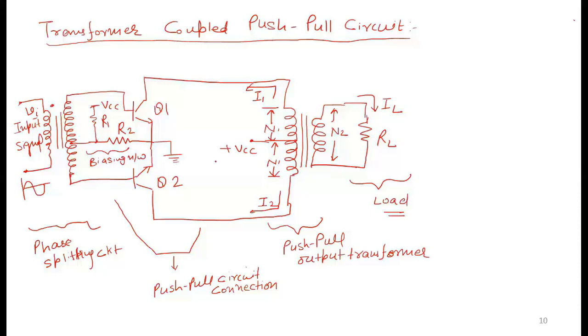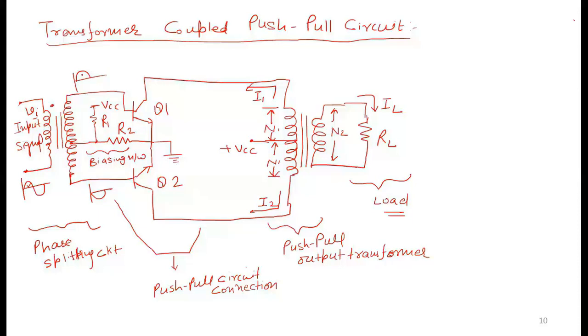So let's discuss its operation. When we apply the input signal at this point, first of all we will have the positive cycle. During this positive cycle we will have this positive cycle here and this negative cycle here. Since these two are the same type of transistors, NPN transistors, both would be on when the positive input is applied, along with VCC when this input signal is superimposed.